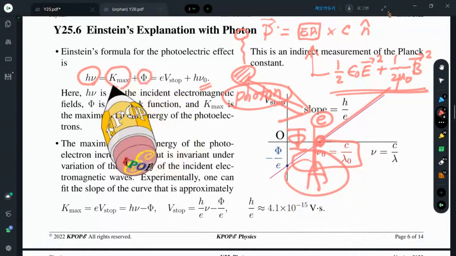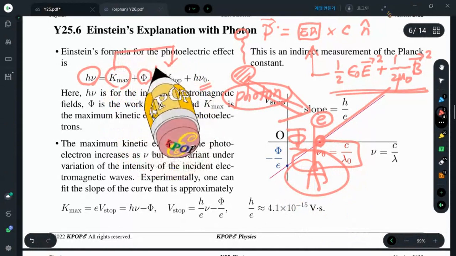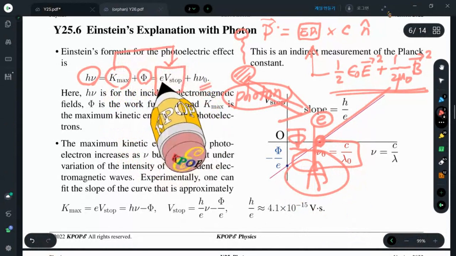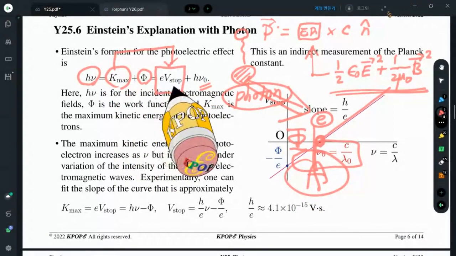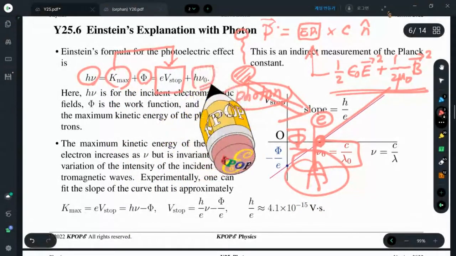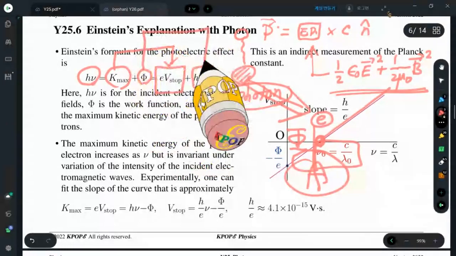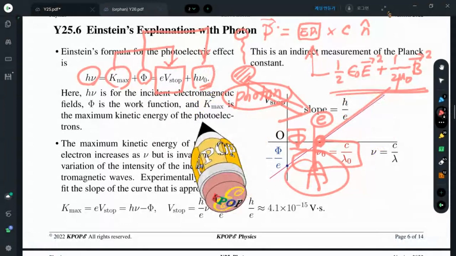So this one is experimentally measured with the magnitude of the electron charge e multiplied by stopping voltage, and this work function is determined by this threshold frequency or threshold wavelength.